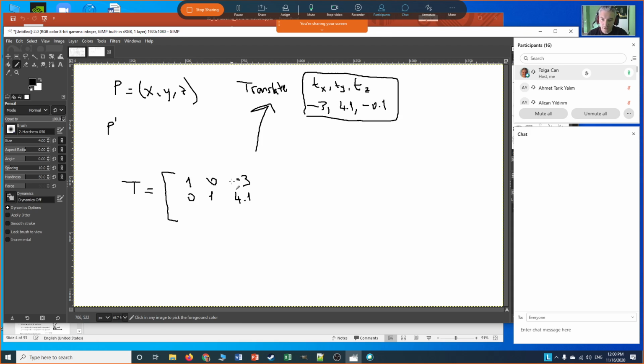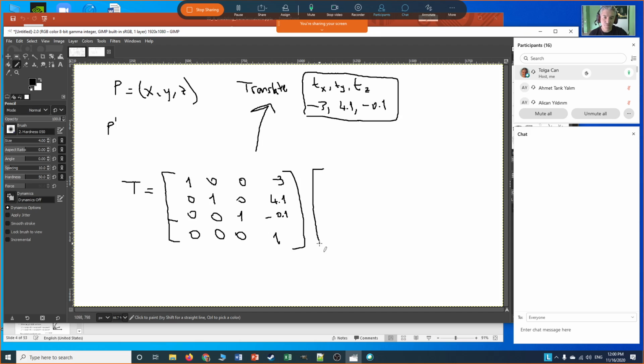I forgot the third dimension at first; I was writing a 3 by 3 matrix, but it needs an additional 0 for the z-axis. The rows are 1, 0, 0, -3; 0, 1, 0, 4.1; 0, 0, 1, -0.1; and the last row is 0, 0, 0, 1. This matrix will be my translation matrix for any point.